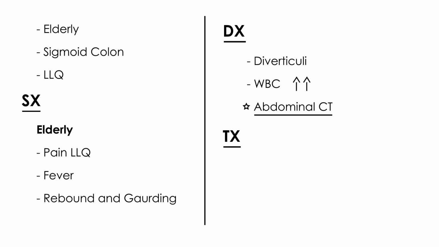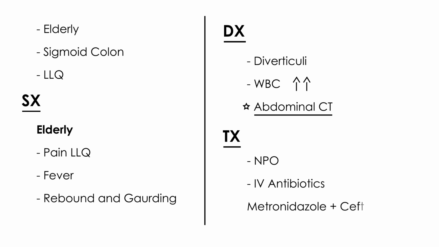Treatment. Treatment involves keeping the patient NPO, nothing orally given, IV antibiotics, and although they don't always ask which antibiotics, it's probably not a bad idea to remember that it's a combination of two, usually.